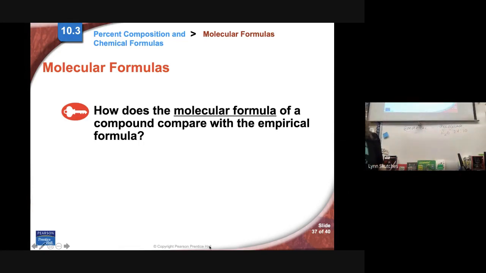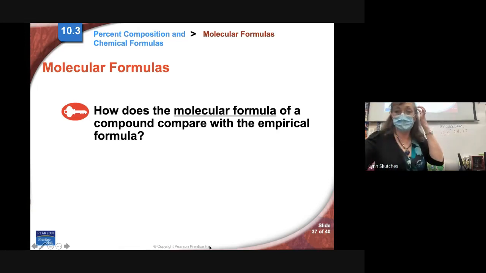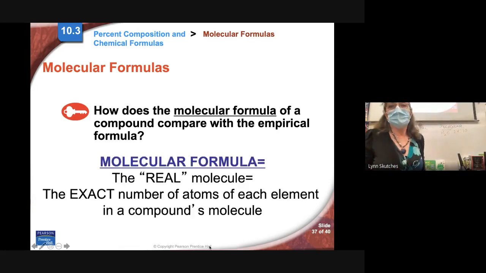Turns out a water molecule is 2 hydrogen atoms and 1 oxygen atom. End of story. There are things like the stuff we were looking at yesterday where there's the same elements, but sometimes they're the simplest, 1 to 2 to 1, and sometimes there are multiples. Okay. So how do we get that figured out is what we're going to learn today. All right. So again, the molecular formula is the formula of the real molecule with the actual body count of all the atoms in that compound.